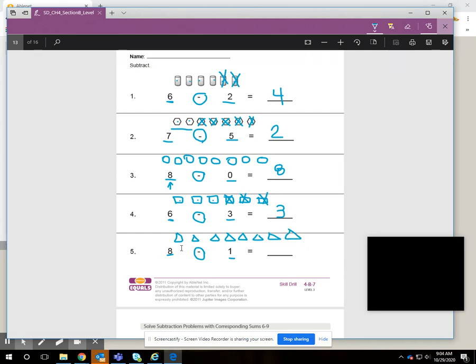If I have 8 triangles and I'm going to take away 1, so I put an X through 1, that means I have 1, 2, 3, 4, 5, 6, 7 left. 7 is the answer to that equation.